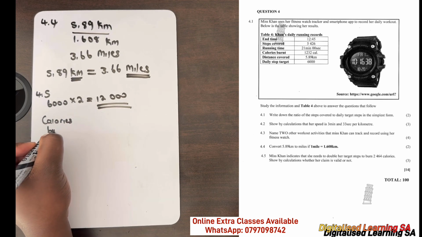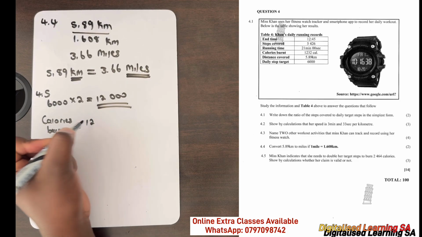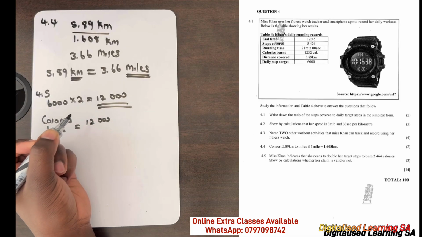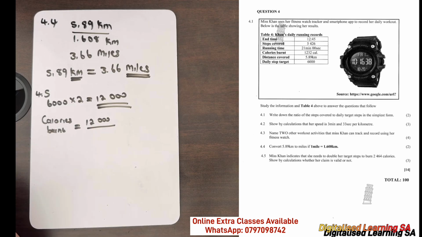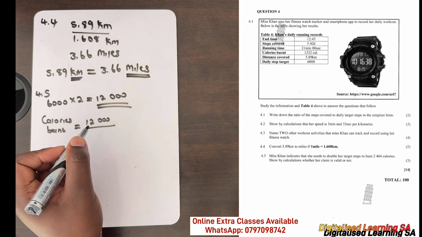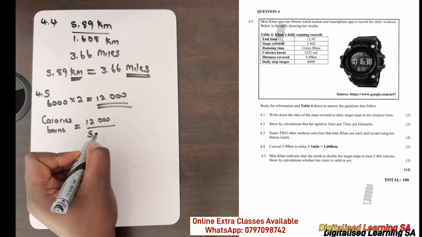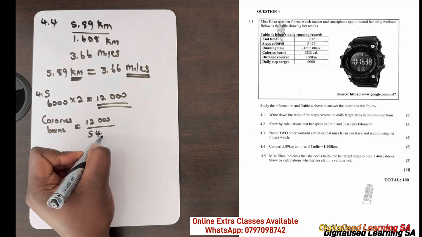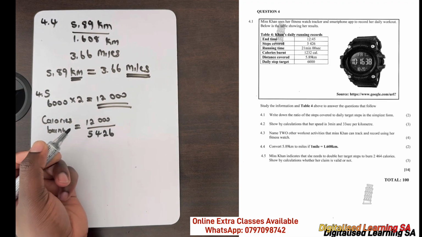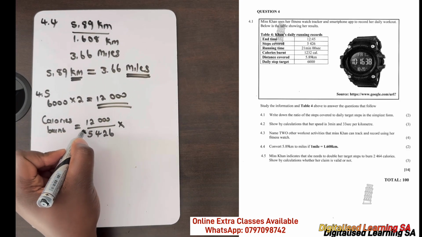So we take the 12,000, which is our target, and divide by the steps that she covers. So she covers 5,426. So these are the steps covered, and then we multiply by the calories burnt per these steps.